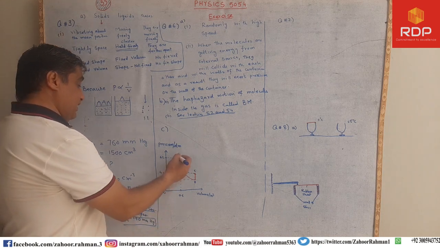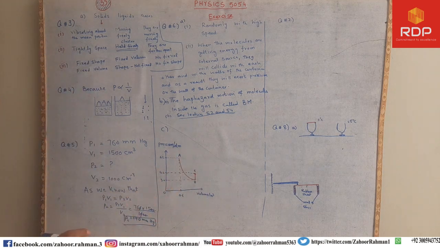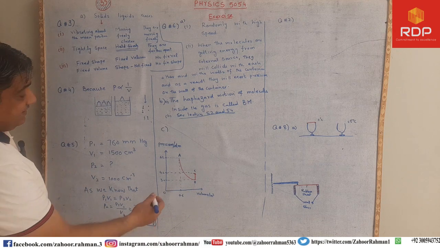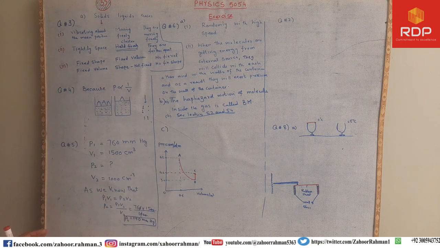The pressure is gradually decreasing. I told you that this is gradually decreasing. At point A it was 6.2 atmospheric pressure.